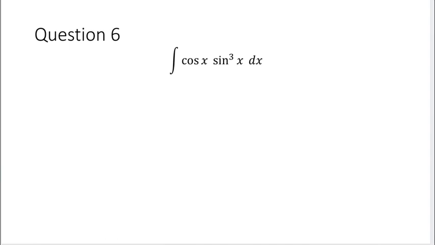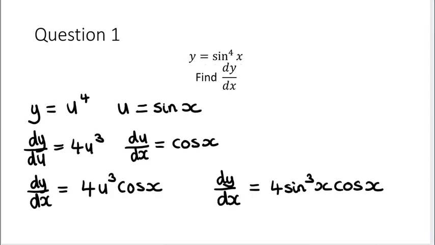And if you want a little hint for this one, I might have already given a hint to this problem earlier in the video. If we go right back to the beginning, we showed that when we differentiate sine to the 4, we get 4 sine cubed cos x.